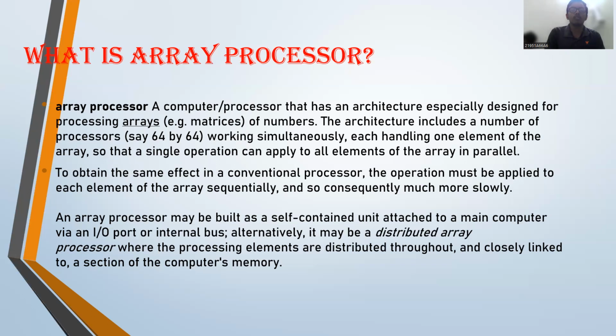An array processor may be built as a self-contained unit attached to a main computer via an I/O port or internal bus. Alternatively, it may be a distributed array processor, where the processing elements are distributed throughout and closely linked to a section of the computer's memory.